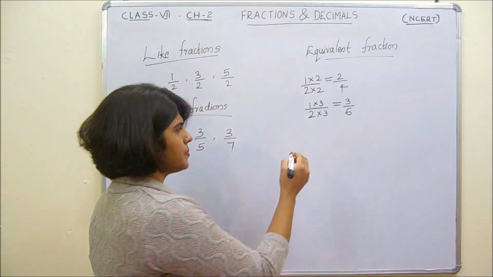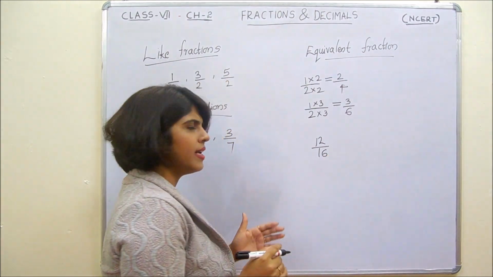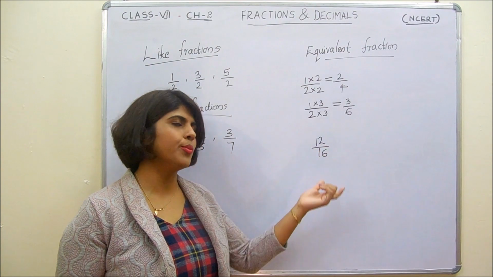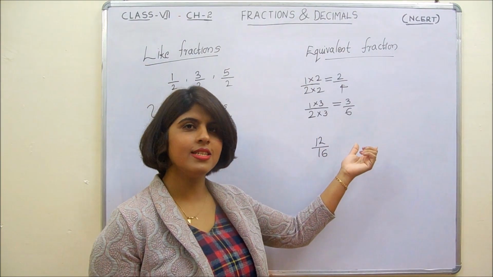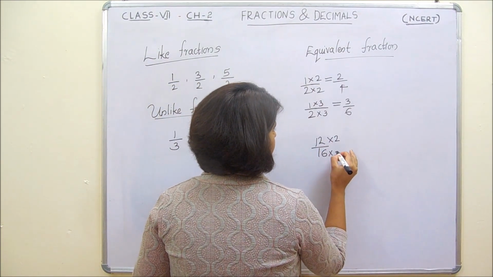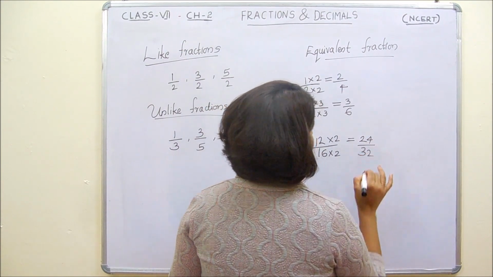And what about this 12 by 16? Can you find the equivalent fraction for this? Yes. If we are multiplying both the numerator and denominator by 2, then what will you get? You will get 24 by 32. Right?